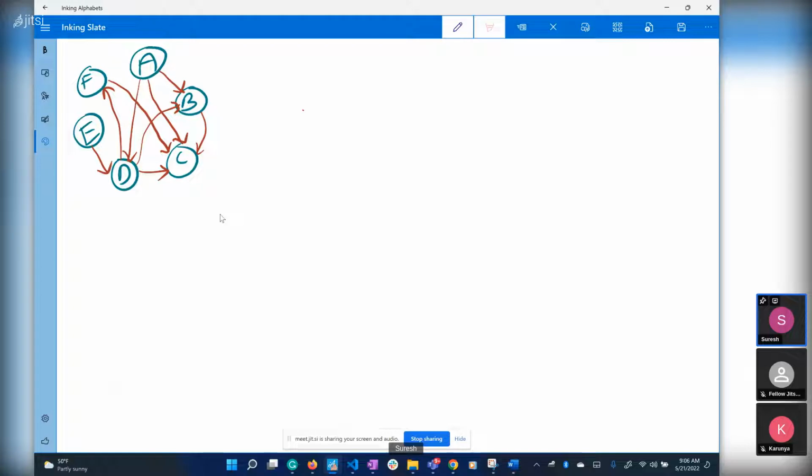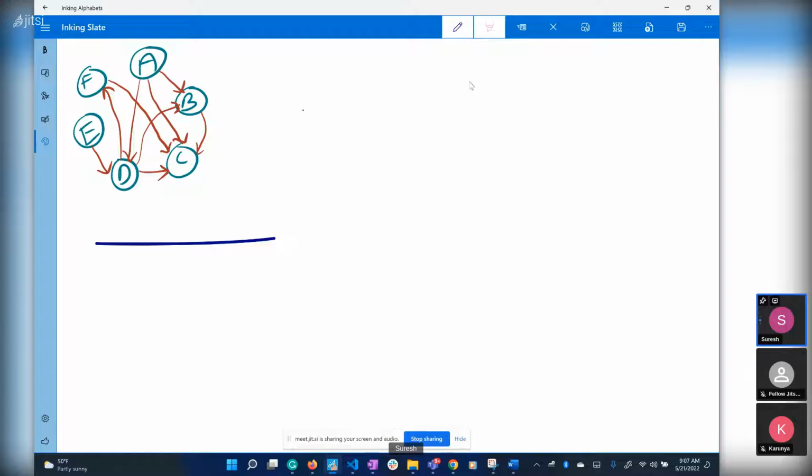So then also there is no celebrity here, because C is not a celebrity anymore. C is known by only other people, A, B, F, and D. Because E doesn't know C, C is not a celebrity. This is another situation where there is no celebrity.